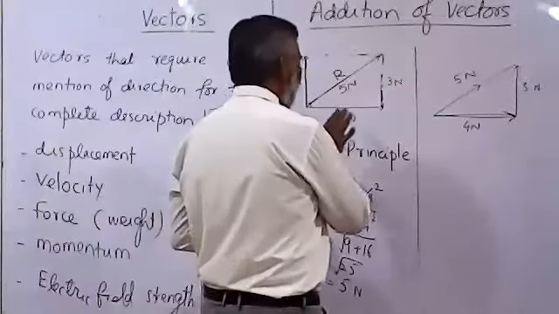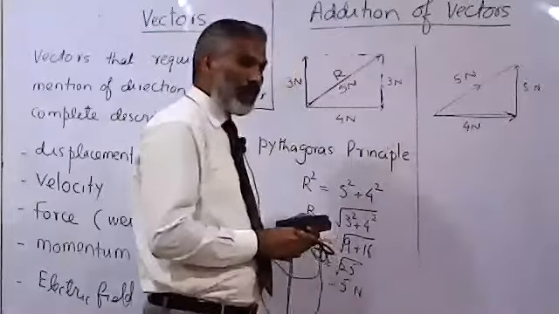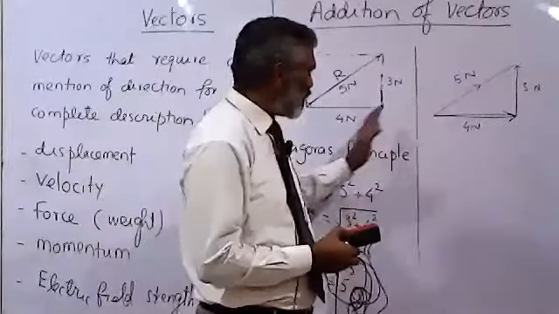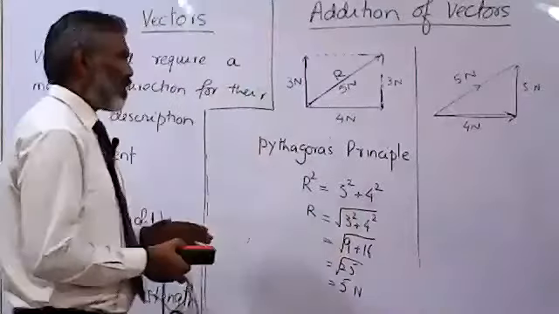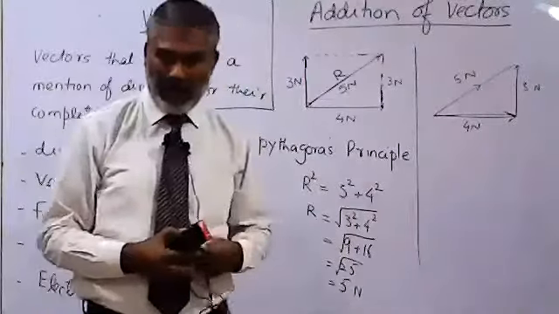So using head to tail rule, I can correctly guess what is the direction of the resultant of these two forces. So these are two different ways in which we can add two vectors.